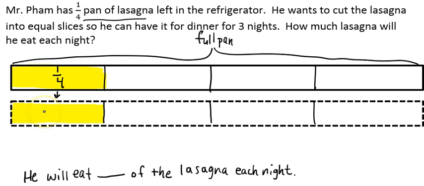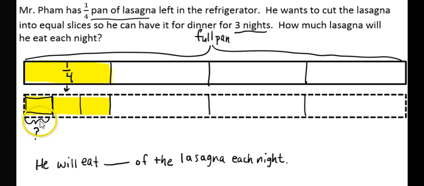And here's that 1/4. I'm going to divide it into 3 pieces because he wants to split it across 3 nights. So I'll divide that into 3 pieces. The answer to the question is, how much is this piece compared to the whole pan of lasagna? We want a fraction of the whole pan.